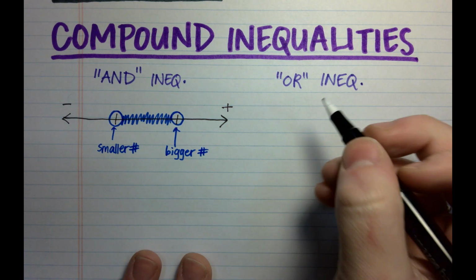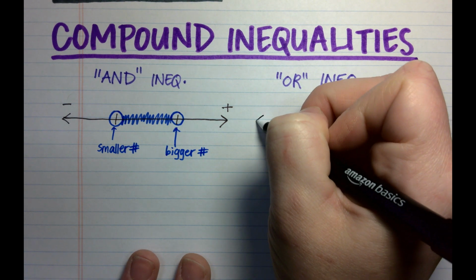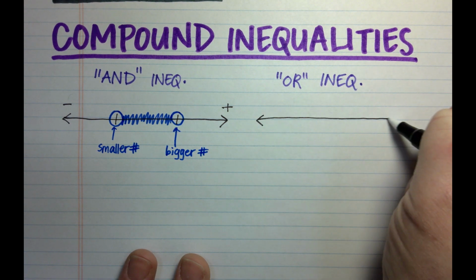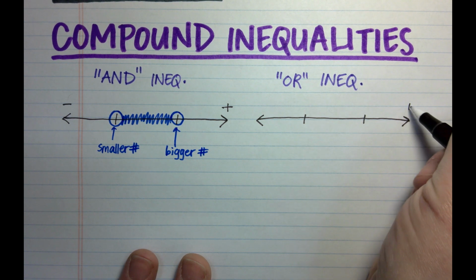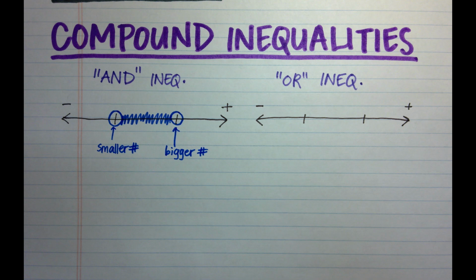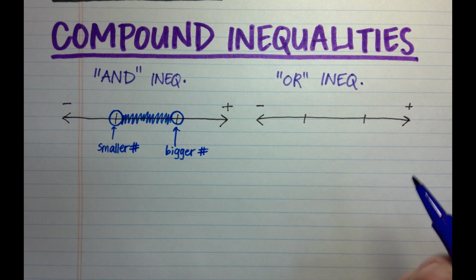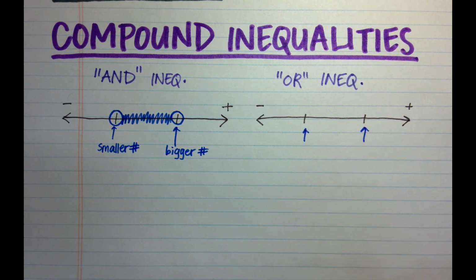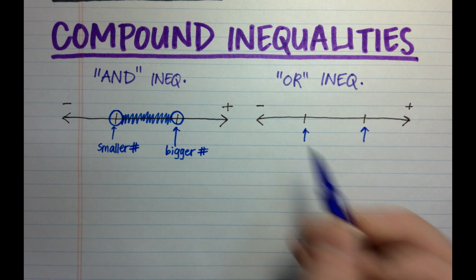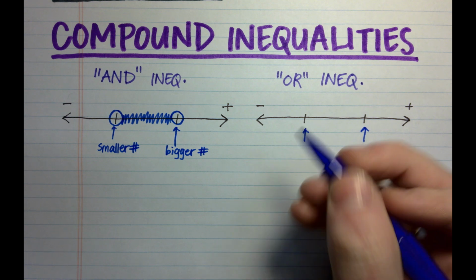An "or" inequality is the exact opposite. The order of where you put your number on the number line stays the same. Your smaller number still comes first.